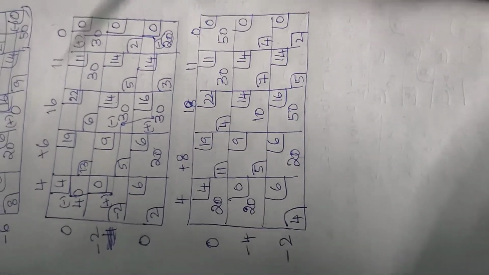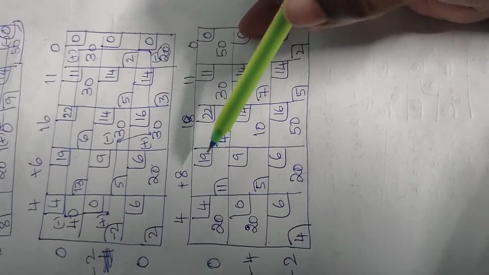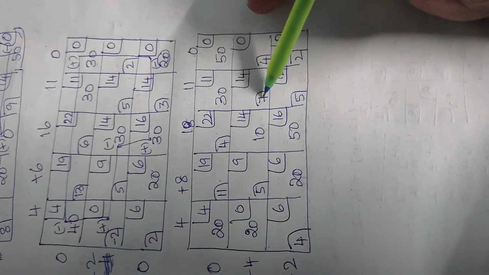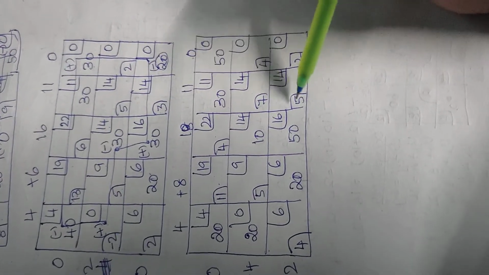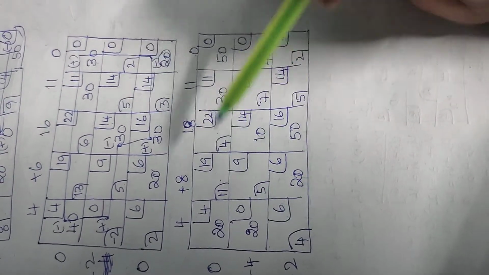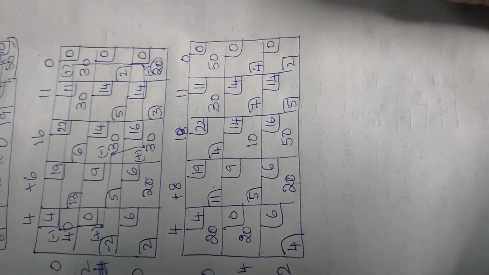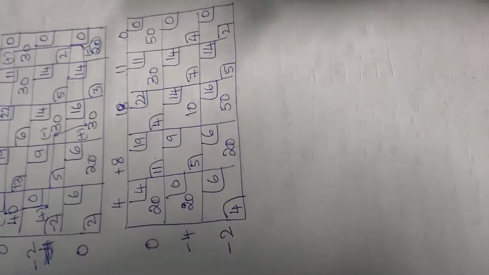Okay, as you can see, I have finished the whole thing, and if you notice, my unoccupied cells are all having positive values. Therefore, my problem is done. It is solved.